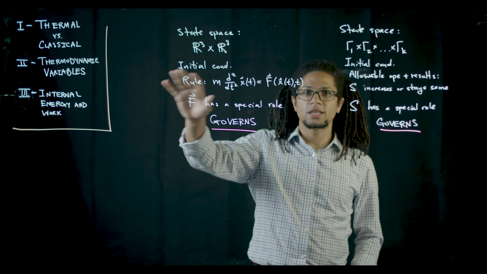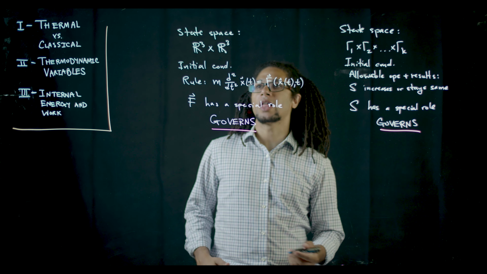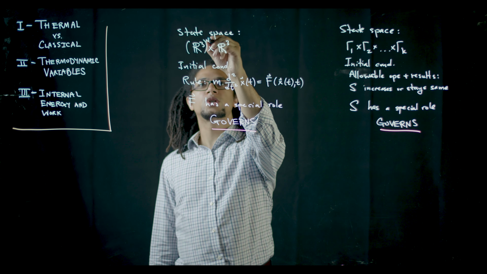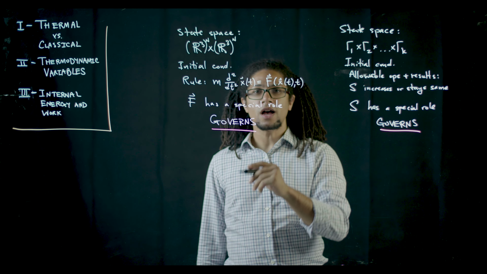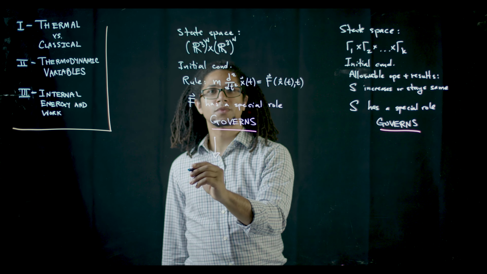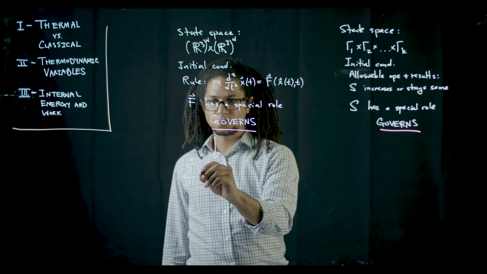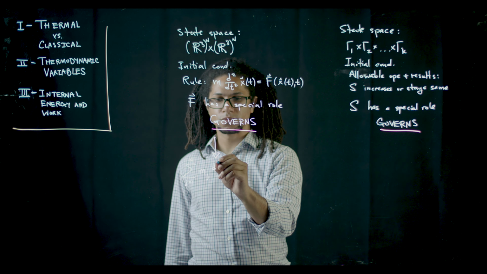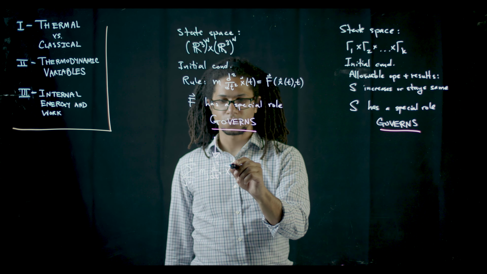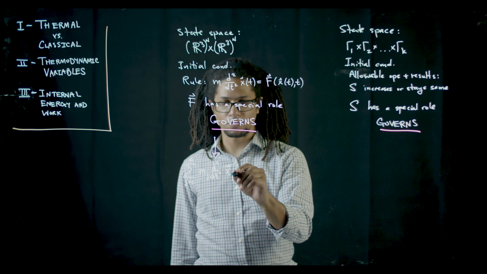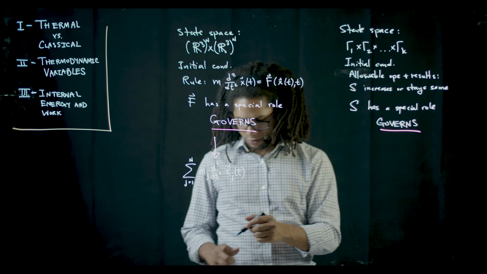In classical mechanics, this is what we would have for one particle. But what would we have for capital N particles? Well, each of these would just be raised to the n. And now we would have a sum over all of the particles, oh, I'm sorry.